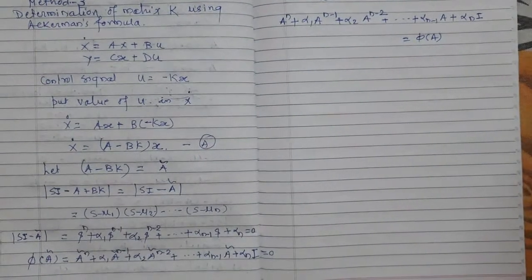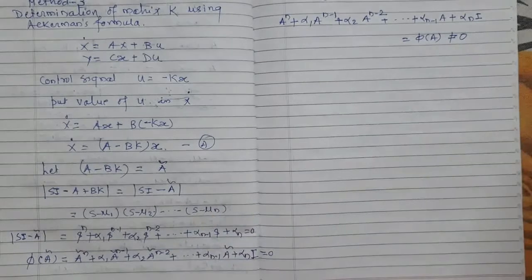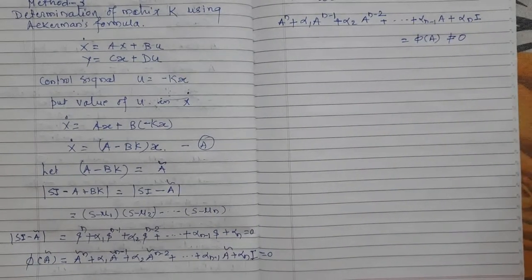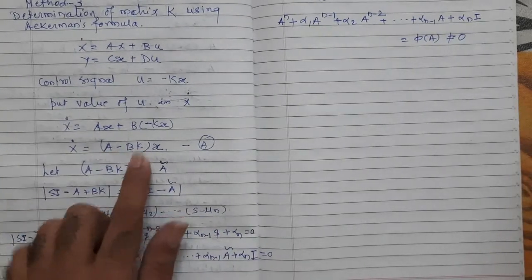But this is not equal to 0. It never proves that. This A bar, which is A minus BK, is satisfying this equation.